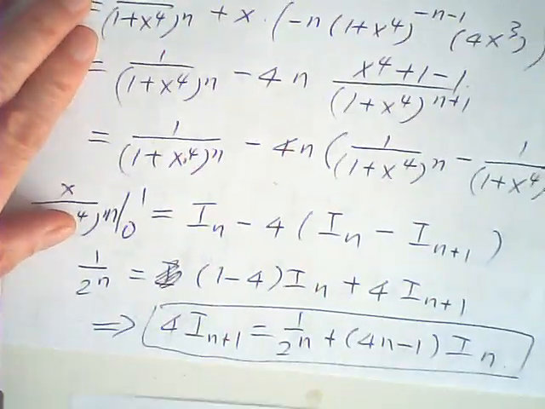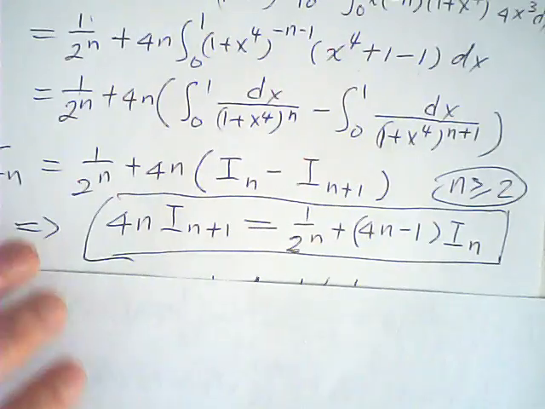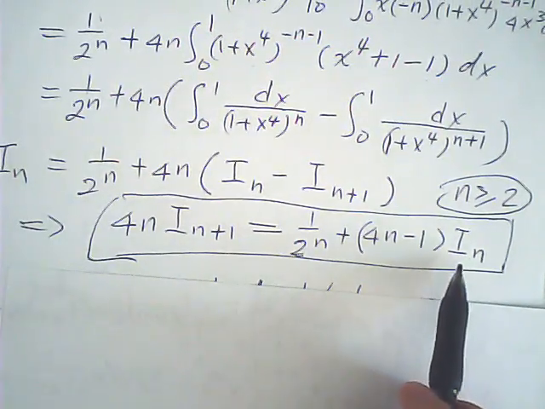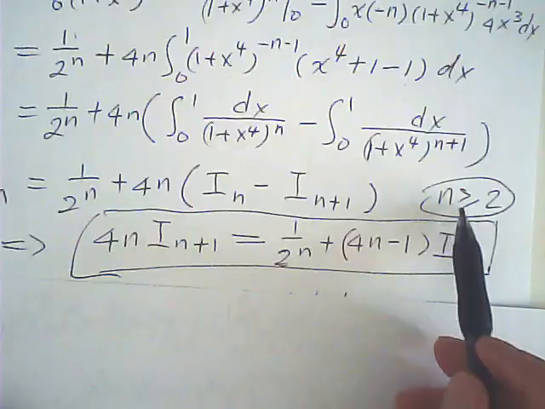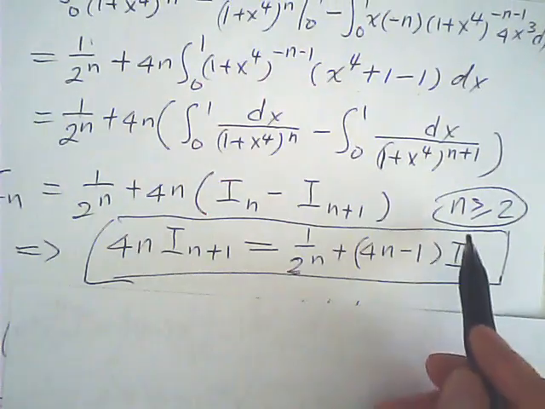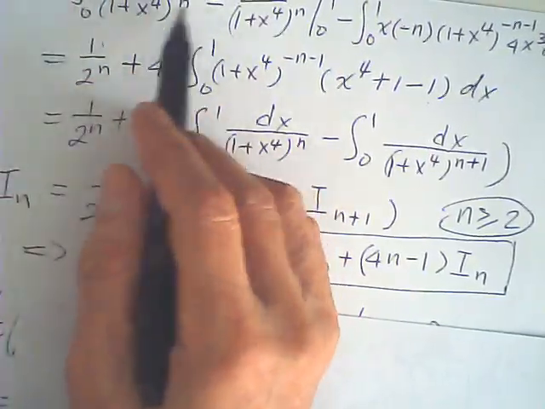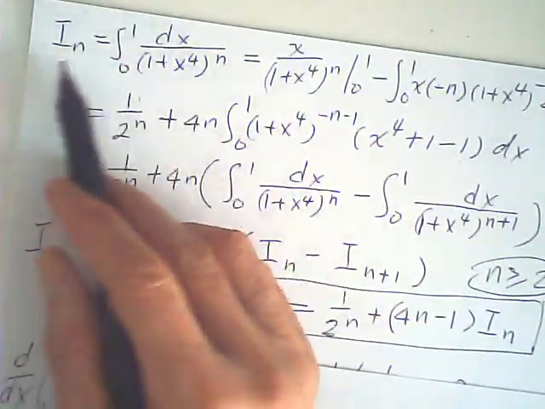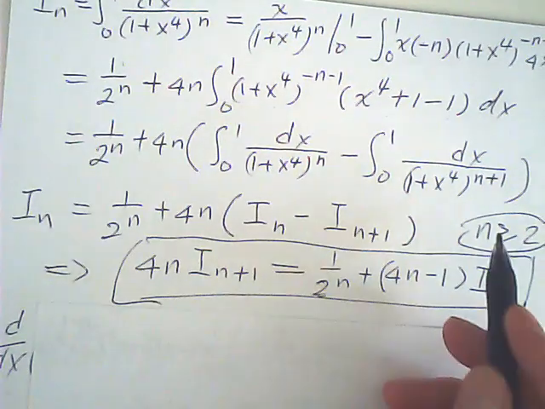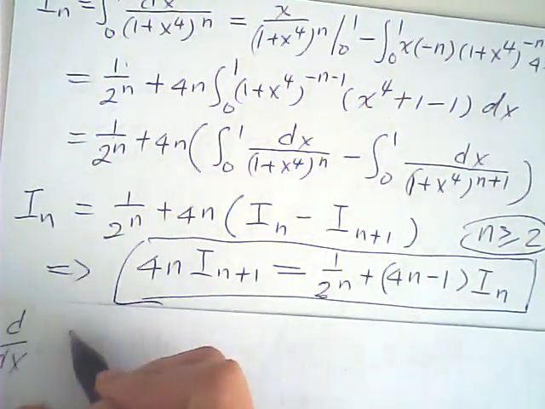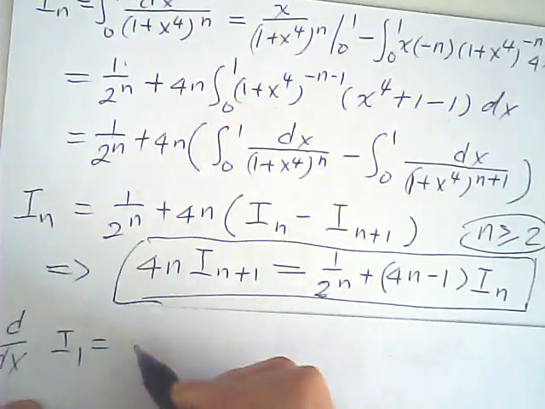Then, as I said, this formula is good for n equal to 2 or more. For I0 is very easy. We can do it, it is equal to 1.